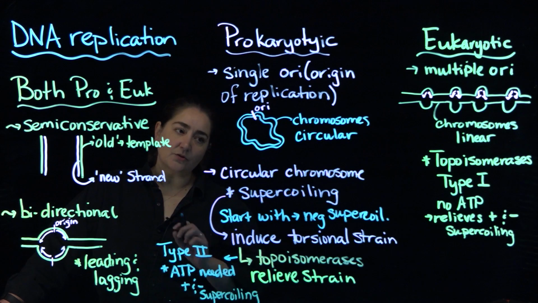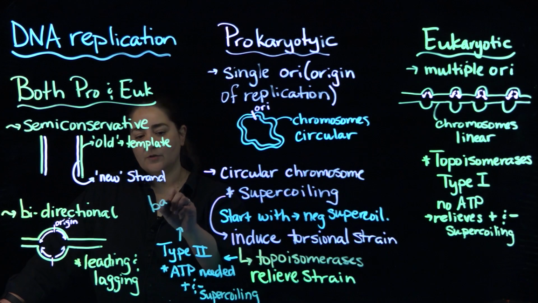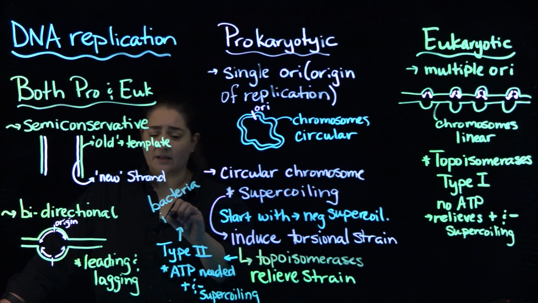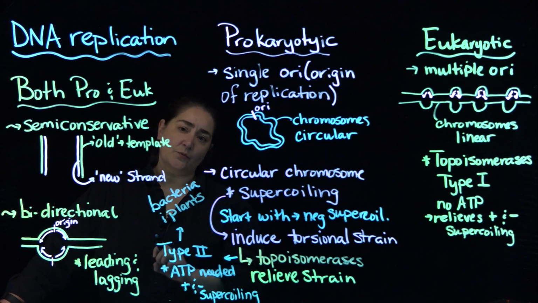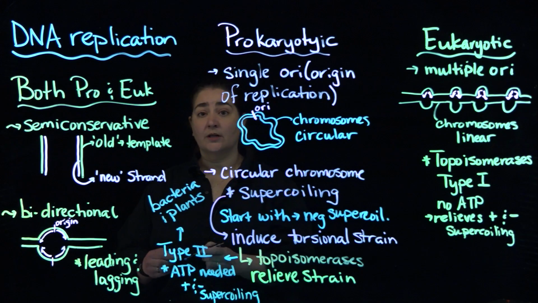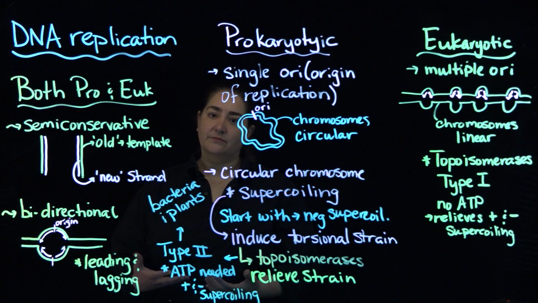But the type 2 topoisomerase is going to be unique to bacteria. And interestingly, even though plants are eukaryotic, plants also have type 2 topoisomerase, okay? So that topoisomerase type 2 is going to be important in relieving the torsional strain that's associated with the DNA molecule with DNA replication, okay?